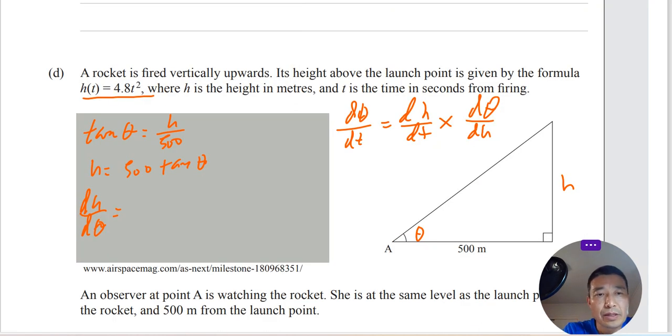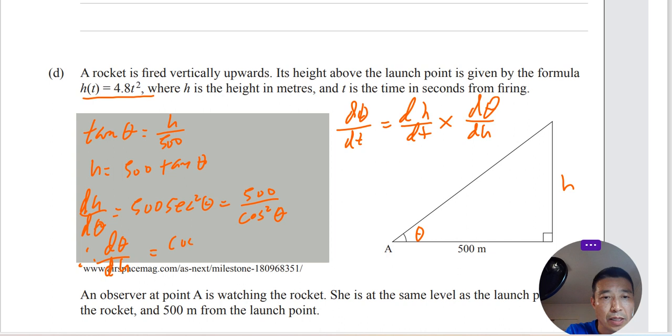So we get 500 sec² θ, which is 500 over cos² θ. Hence dθ/dh equals cos² θ over 500, isn't it?